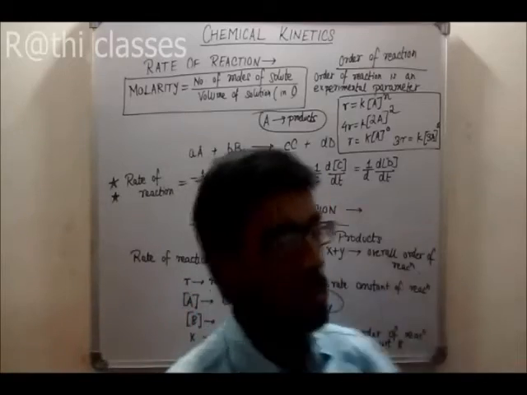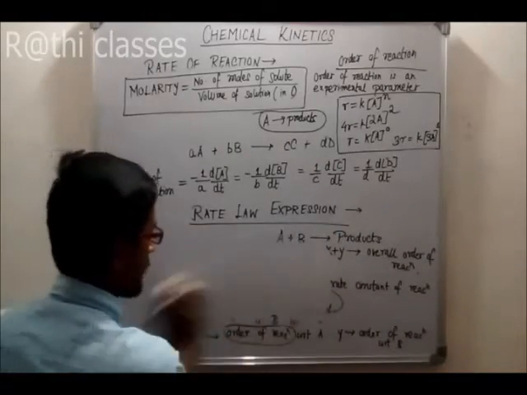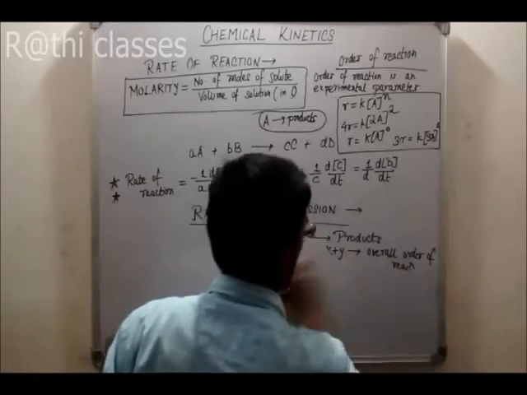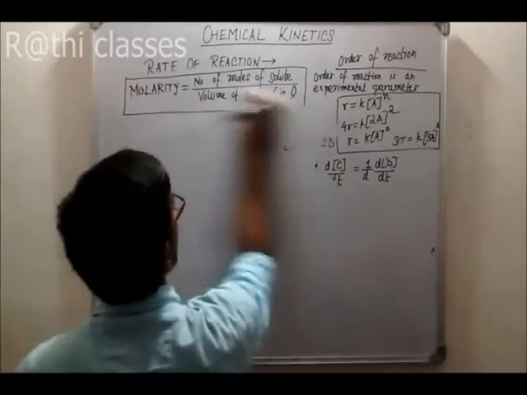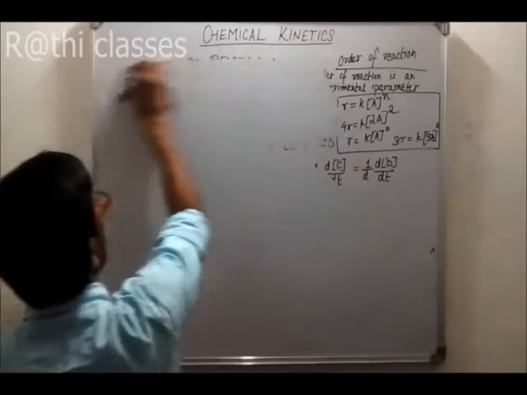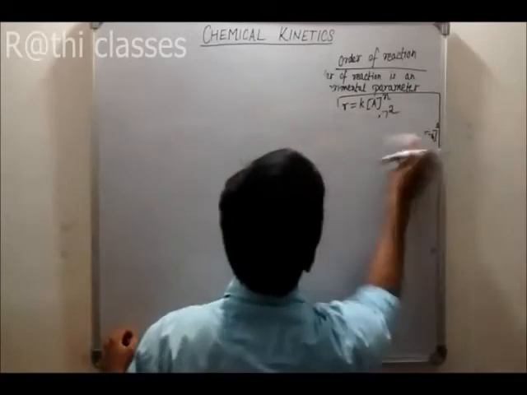Right? Based upon this order of reaction, we have 4 types of reaction. Actually, we have n types of reaction, out of which we have only 4 types of main reactions.